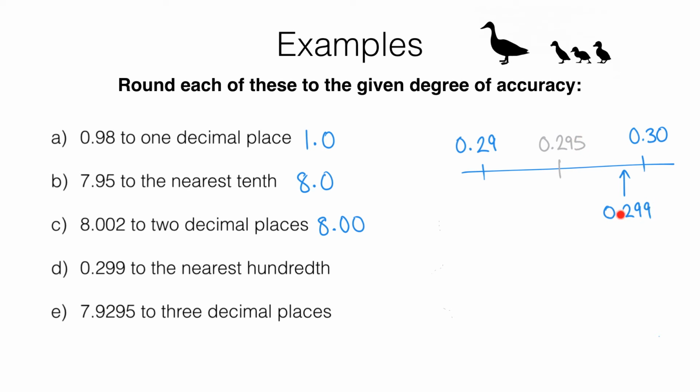So that's why 0.299 is to the right of 0.295, and that means it's closer to 0.30. And just like in the previous question, I must have 2 decimal places. Rounding to the nearest hundredth means going into the hundredths column, which means I must have 2 decimal places. The final question is one that you must round to 3 decimal places. Pause the video and see if you can have a go at that one for yourself.